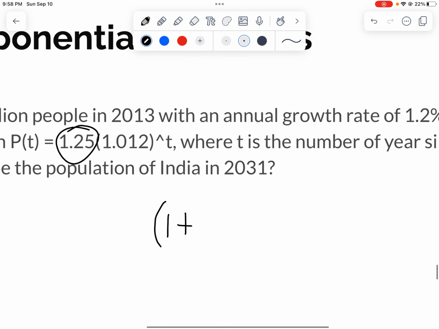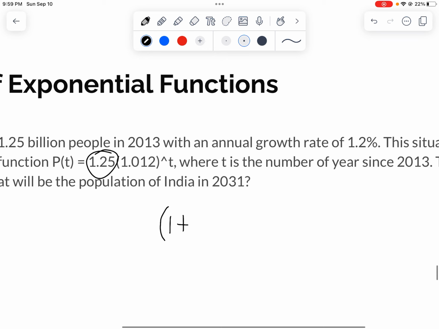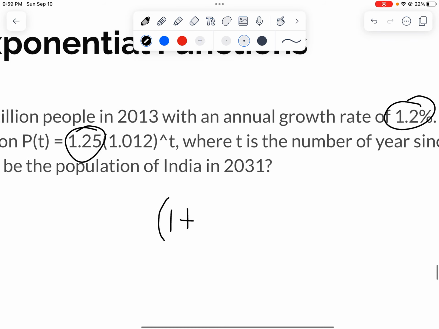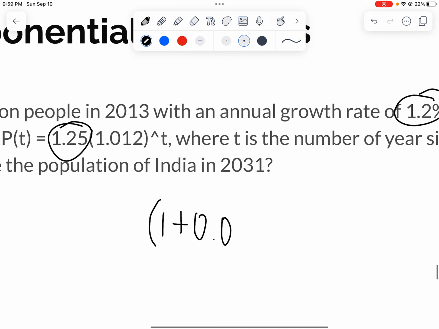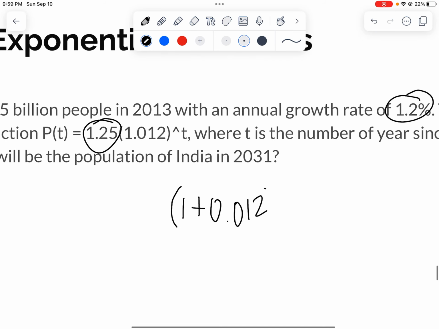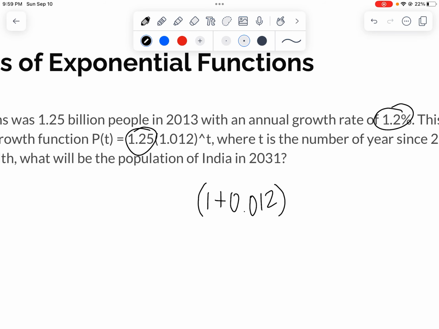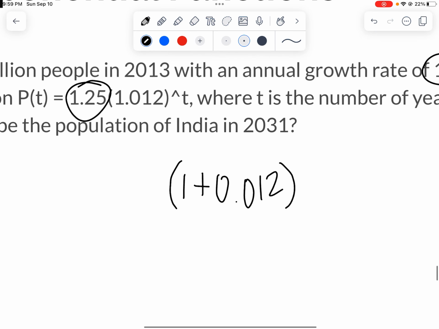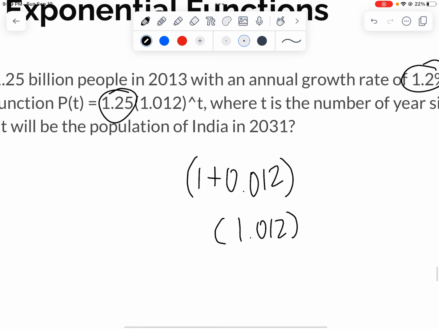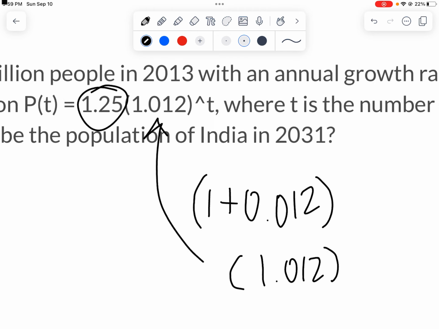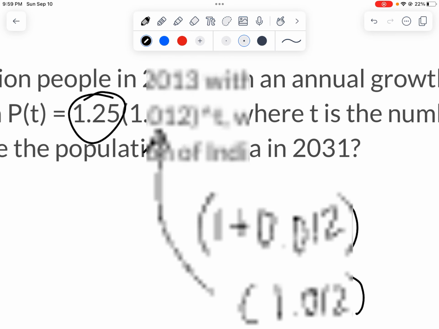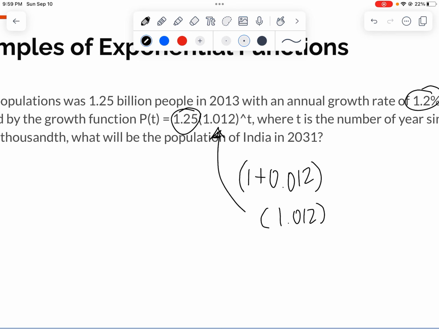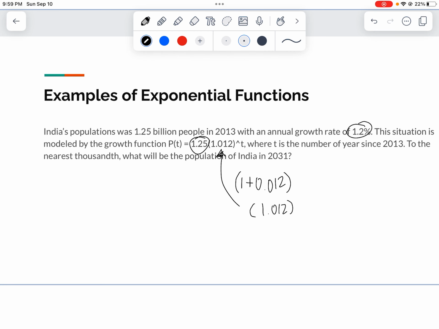So 1 plus the 1.2% growth rate, and 1.2% is 0.012, so it's 1.012 inside the rate here. And then to the power of t.